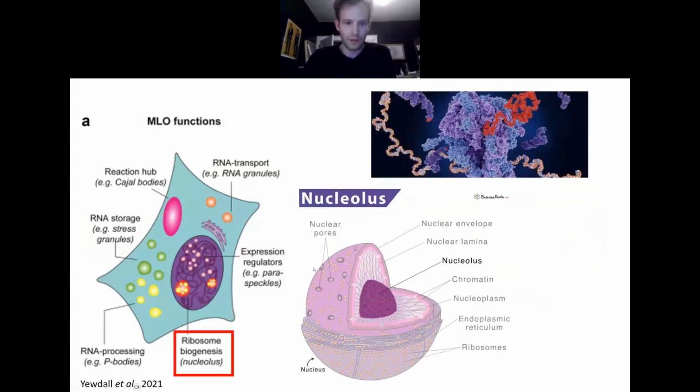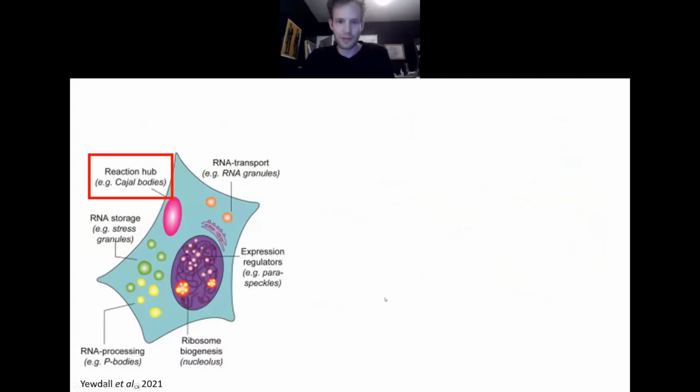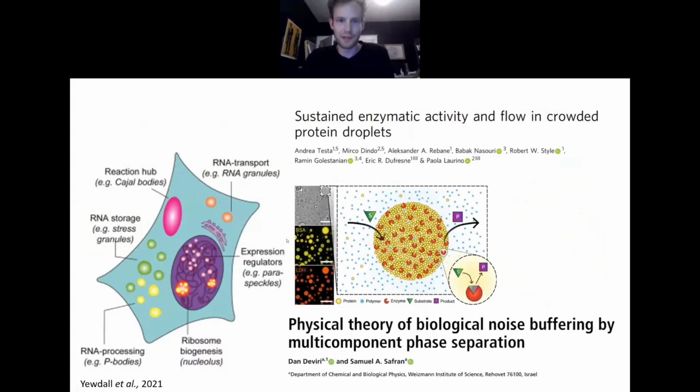Ribosome biogenesis, so making the ribosome machinery, is done in the nucleus, where the ribosomal RNA is made in the nucleolus. So you can also have reaction hubs like in the cell or in the test tube in the case of this paper, where they had sustained enzymatic activity and flow in crowded protein droplets, where they had all these proteins and substrate would go in and leave, leading to continuous reactions.